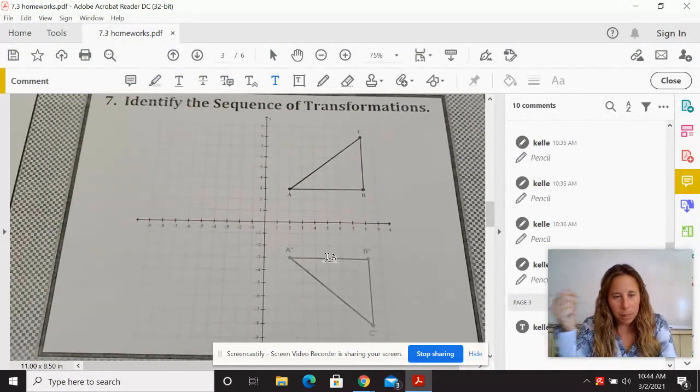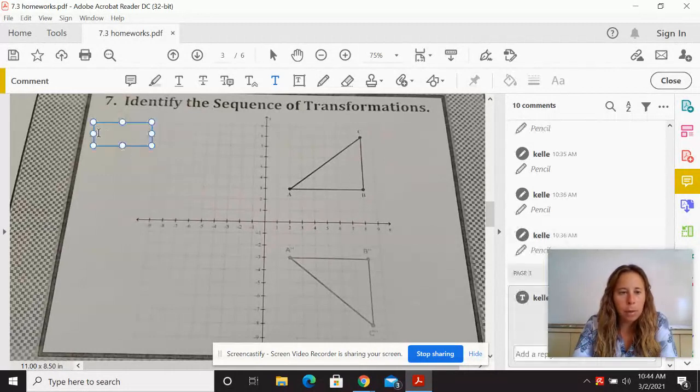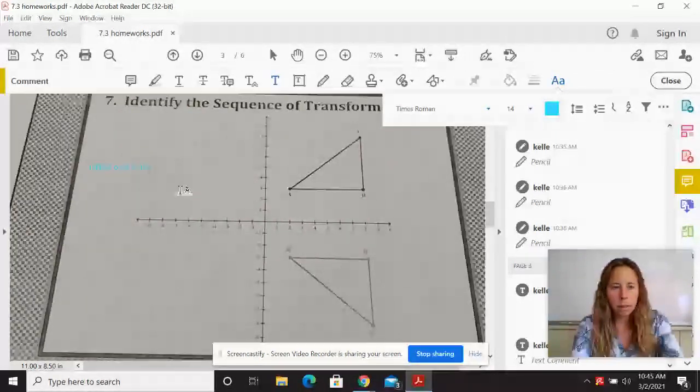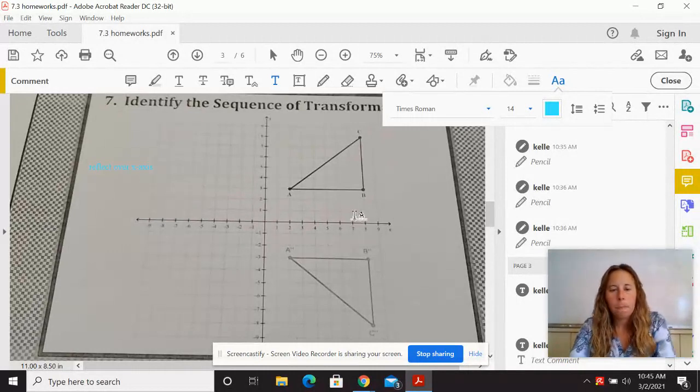Another way you could do number 7 that is easier, because you can do it in one step, is you can reflect triangle ABC over the x-axis, and then you're done in one move. Reflect over the x-axis.